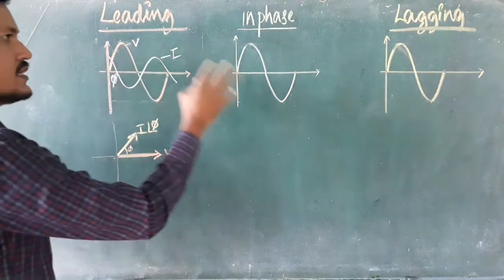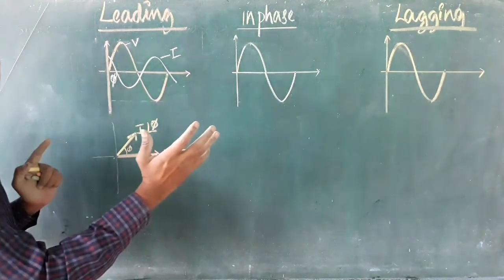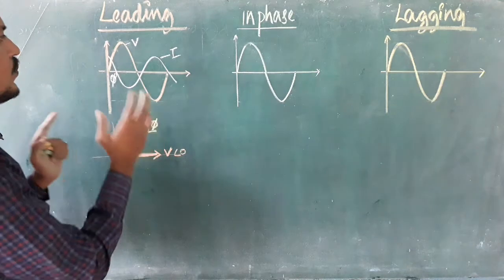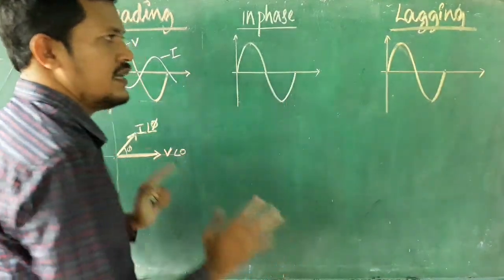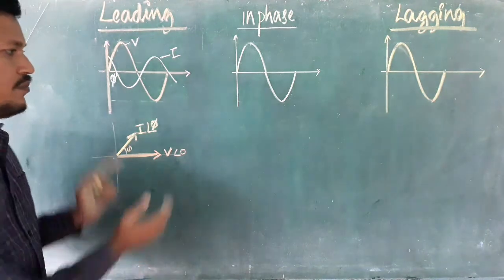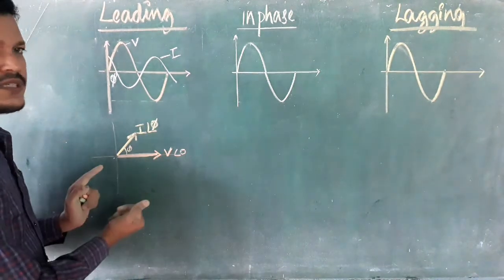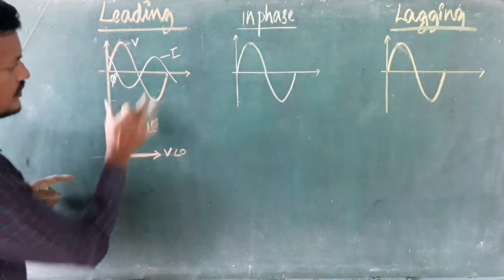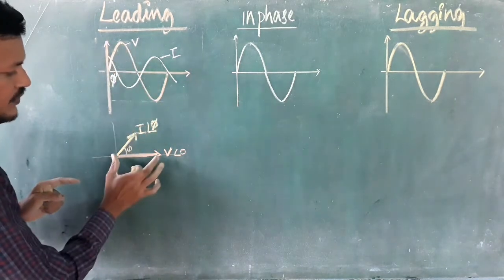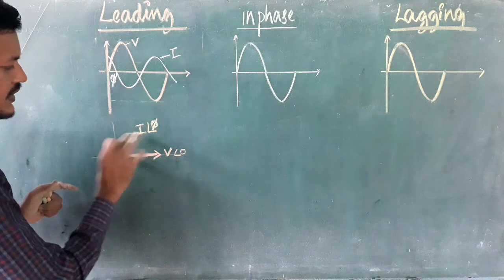We are going to discuss these three cases deeply in the next classes: why leading happens, why in phase happens, and why lagging happens. Before that, this is the introduction class. According to our waveform, we got the voltage phasor and current phasor.